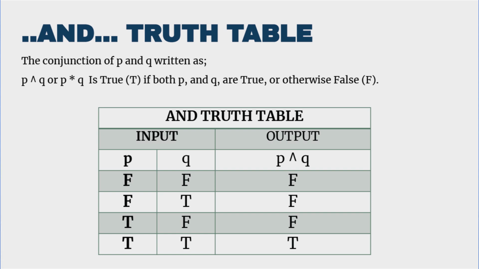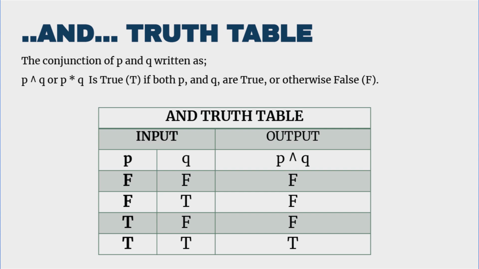This is a bit different from the AND. For the AND, the computer would evaluate that it can only give a true resultant value if both or all the inputs are true. Otherwise, it will always give a false result.